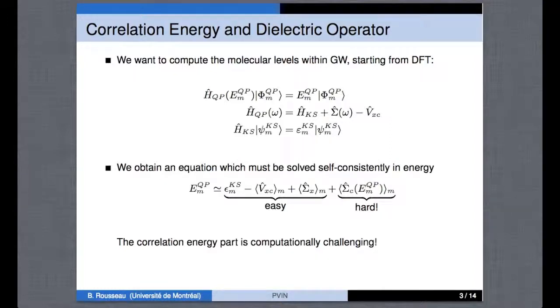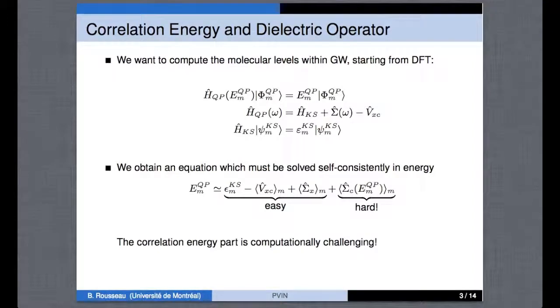And I'll tell you a bit more about that in a moment. Also, we must subtract the exchange correlation potential, which comes from density functional theory. So at the end of the day, what we're trying to do is obtain this quasi-particle energy, which is a better approximation to the energy levels.